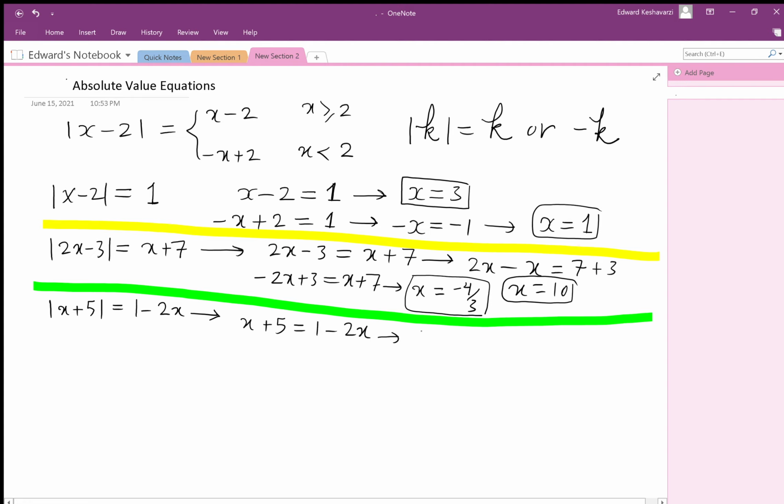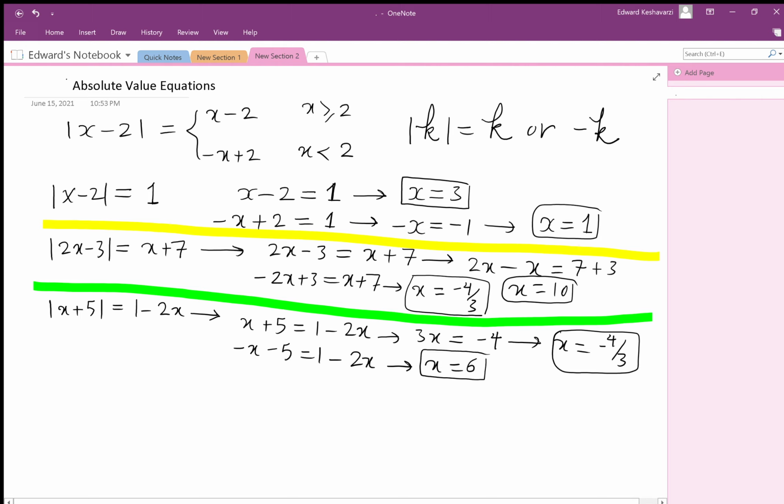Therefore, 3x equals negative 4. Therefore, x becomes negative 4 over 3. In the second case, negative x minus 5 equals 1 minus 2x. Therefore, x equals 6.